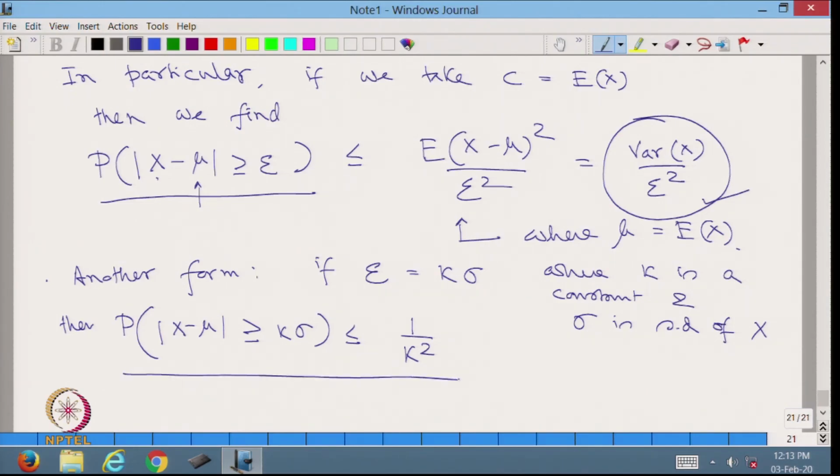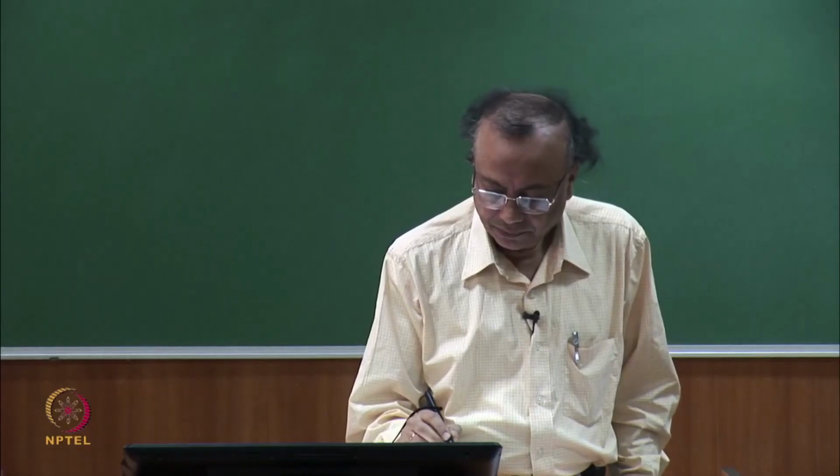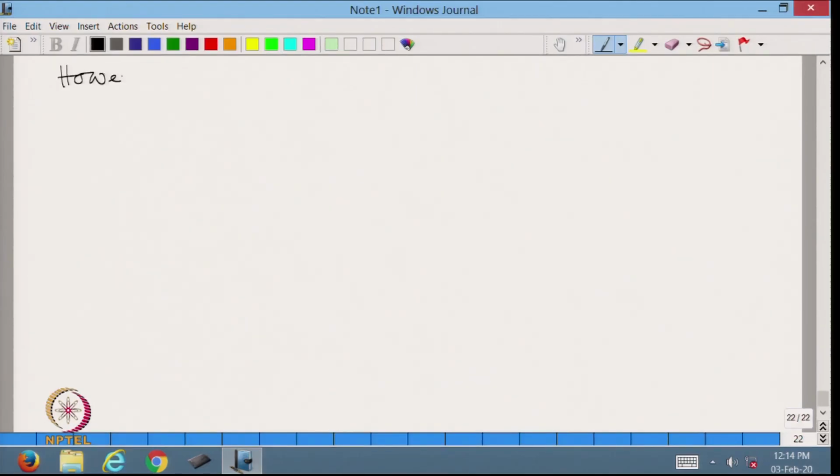This is another form of using Chebyshev's inequality. However, this is not a very tight bound.